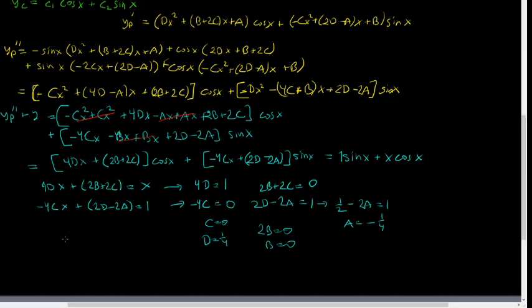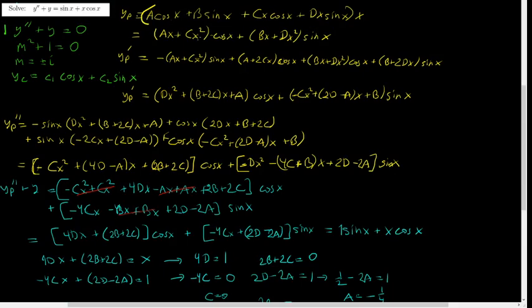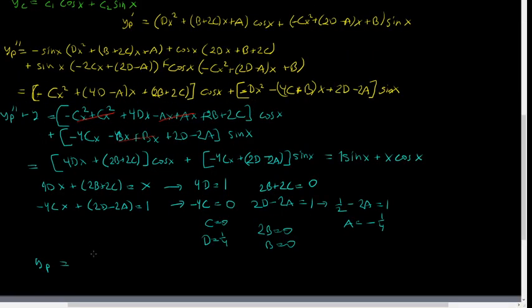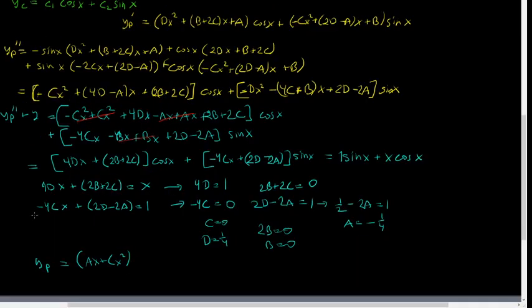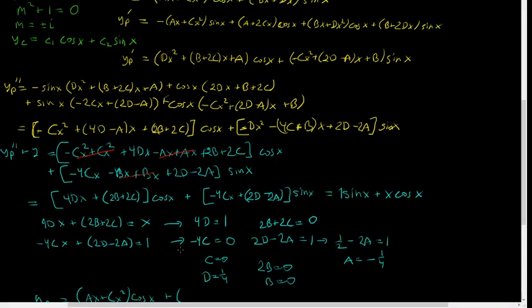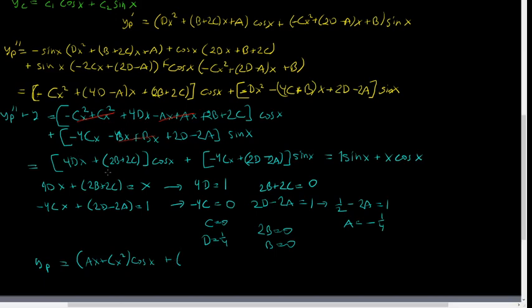You can see I'm running out of space here. All right, so let's write down the particular solution. I got to go way up here now. So ax plus cx squared, let's write this down here. Ax plus cx squared, I believe it was cosine, yep, cosine x plus bx plus dx squared times sine x.